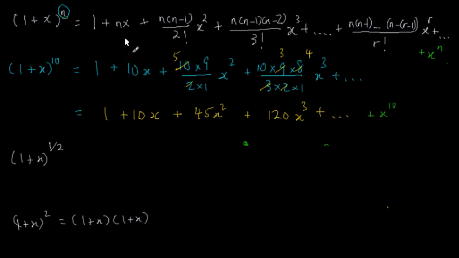But the surprising thing is, as I've said, in a later topic called Maclaurin series, I will show that even if the power is a fraction, and even if it's negative, the same formula can be used.